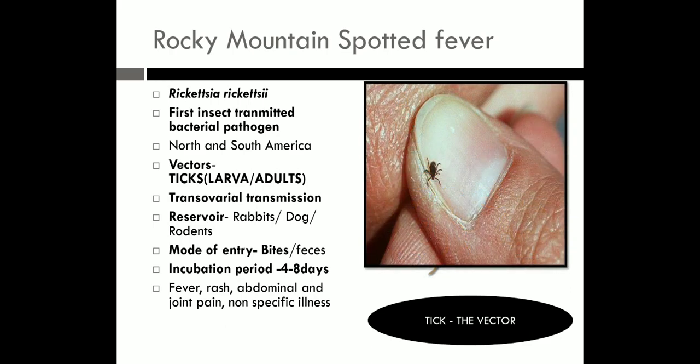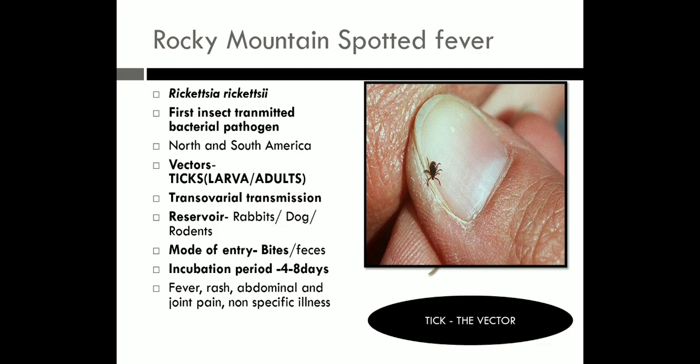And like in the other rickettsial infections, you have headache, fever, rash, abdominal, and joint pain. The rashes are typically characteristic and they appear on the extremities, that is, the wrist and ankles, and on the trunk.